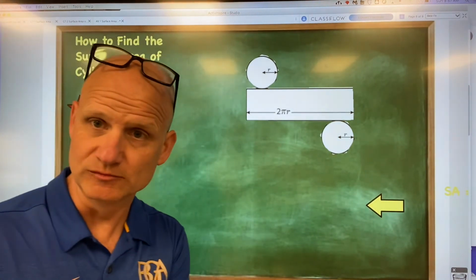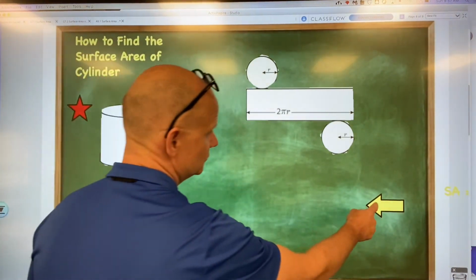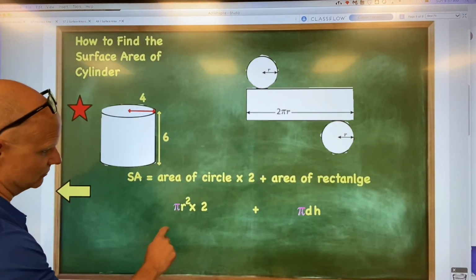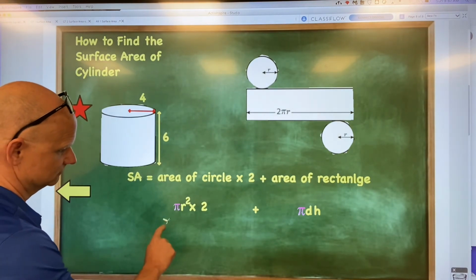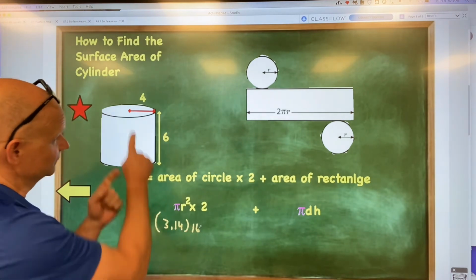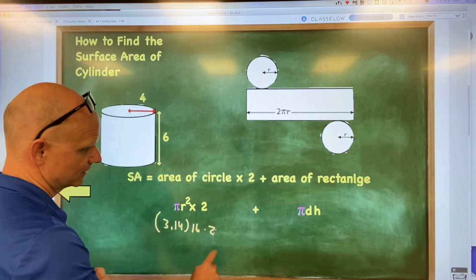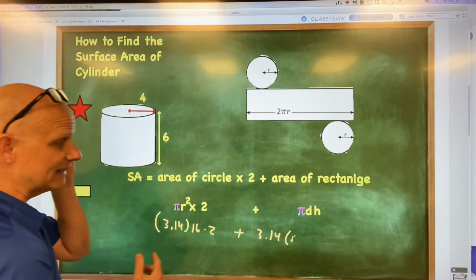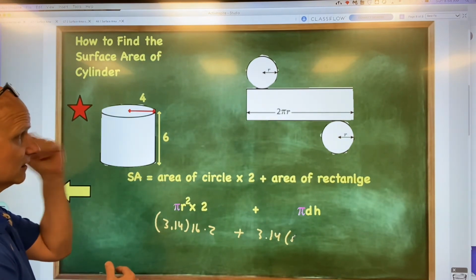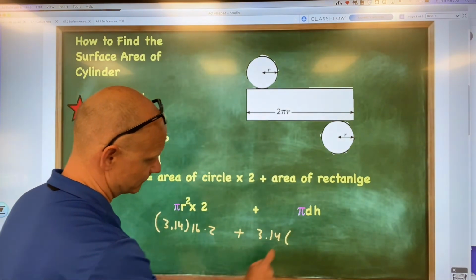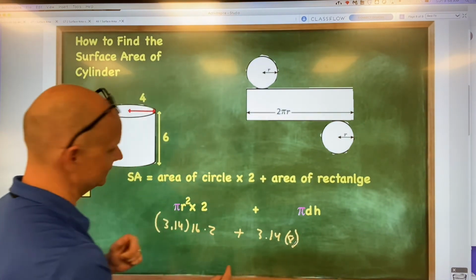All right. Did you press pause? Because let's just go through this quickly. Remember, it's pi times radius squared times 2. So you should have 3.14 times 16, right? Because 4 times 4 times 2, that's 32. Plus 3.14 times the diameter, which is 8, times the height, which is 6.